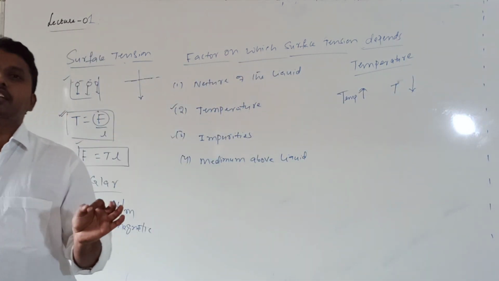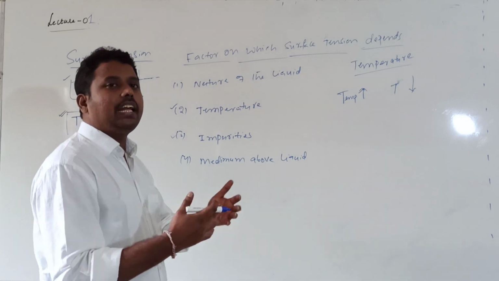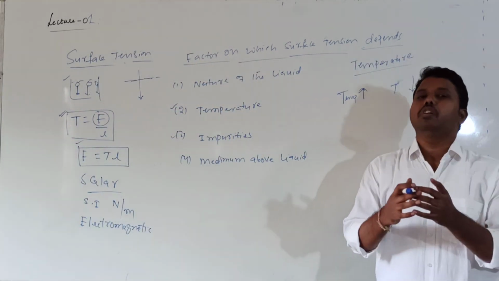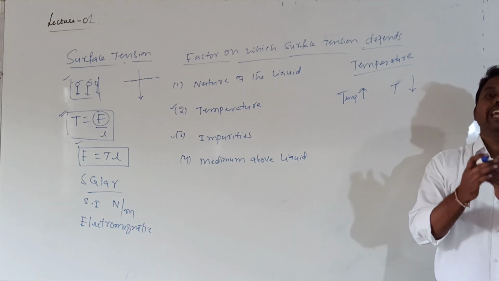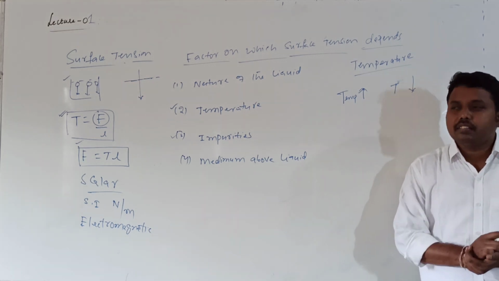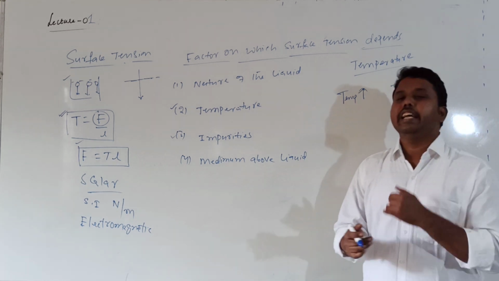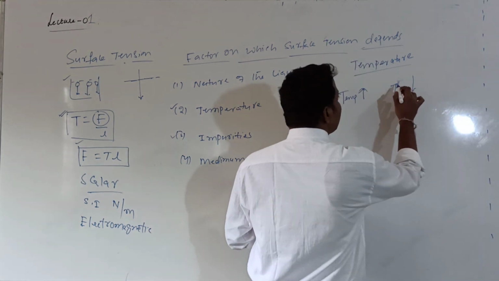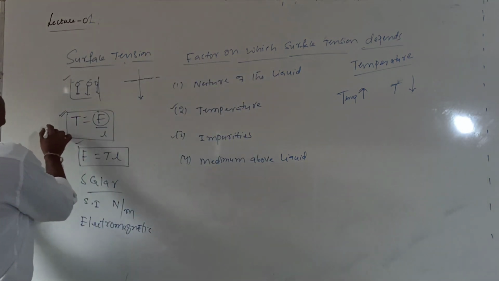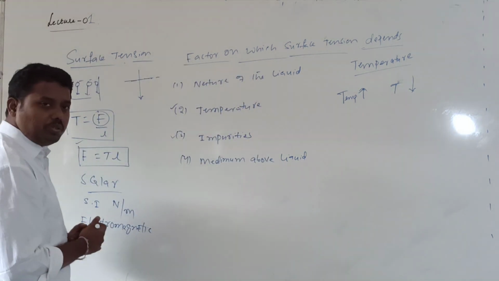Because surface tension is a molecular phenomenon, due to interaction of the molecules. With increasing temperature, the distance between the molecules increases. Due to that, the interaction decreases. That's why the surface tension decreases. Instead of T, I can also write the surface tension as S.